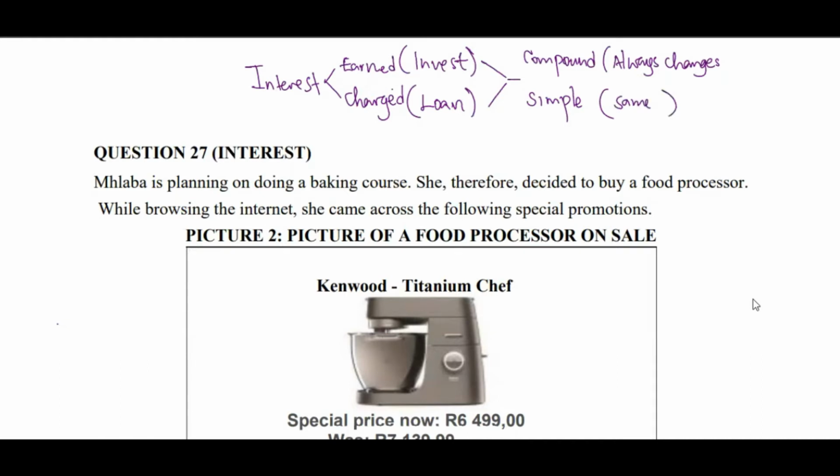It does not change. Simple interest is used under higher purchase. That's what you have to know. Compound is usually charged on loans. All right, let's continue.